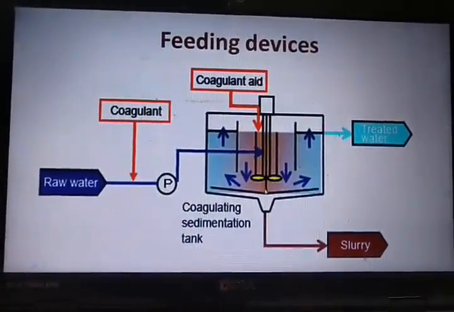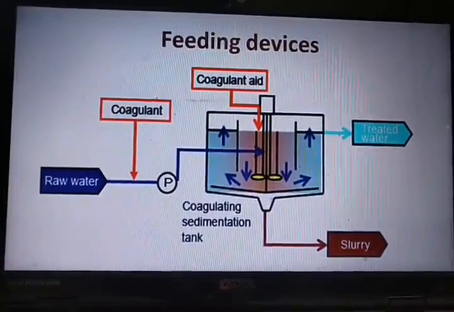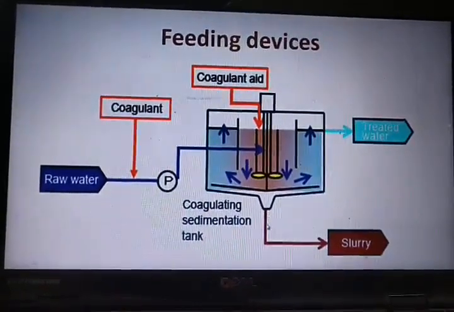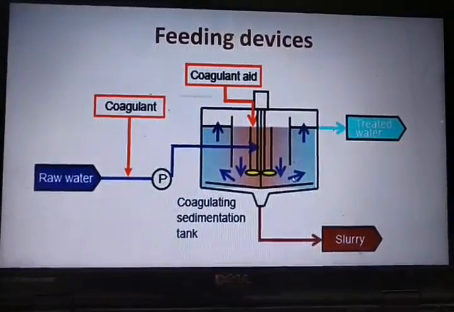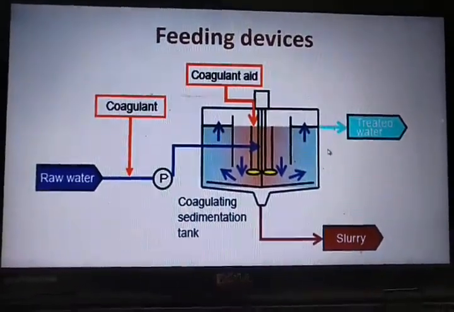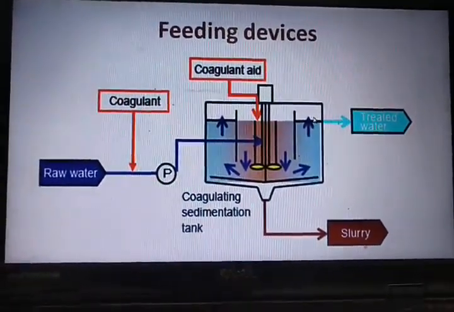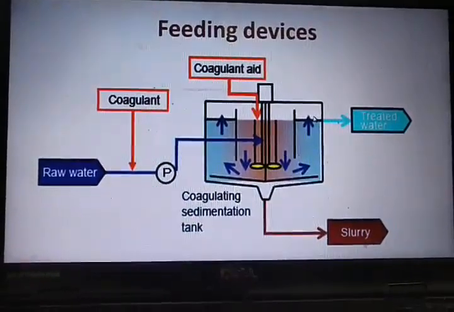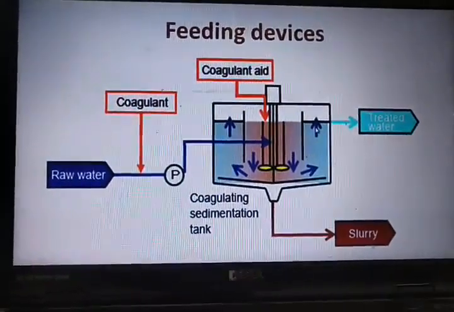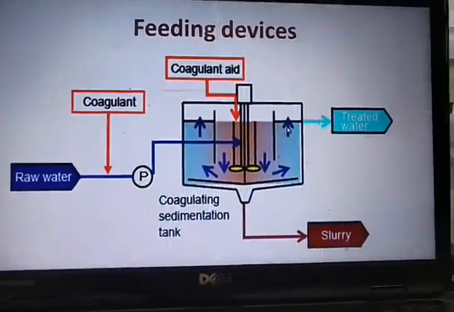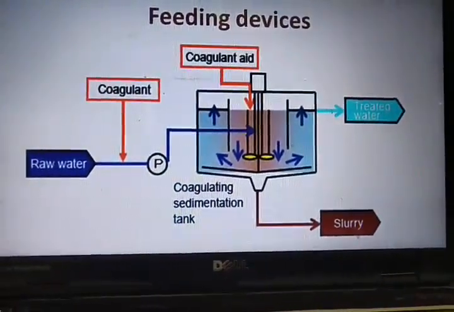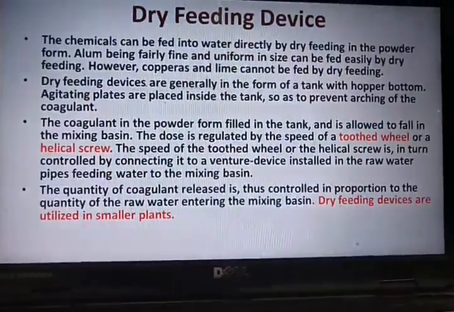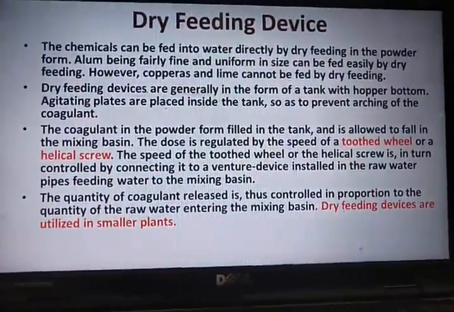The slurry can be taken out from the sludge pit located at the bottom and the treated water can be taken out from the launder or the outlet weir. These feeding devices can be of two types, wet feeding devices and dry feeding devices. So let us see what is a dry feeding device.